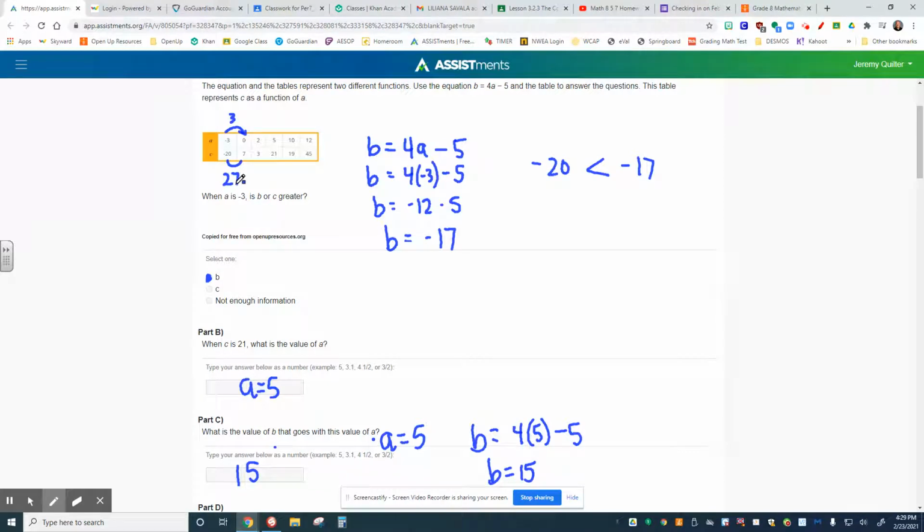And the change in y, that gives me 27 divided by 3, so that makes my slope equal to 9 between those points. 2 to 5 is 3 units of increase. 3 to 21 is 18 units of increase. That makes my slope equal to 6, and that tells me right now that this is not a linear function, whereas the other one is a linear function.